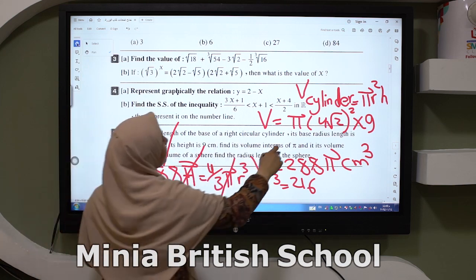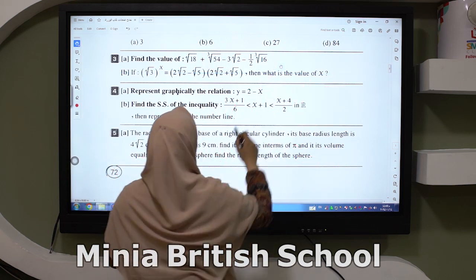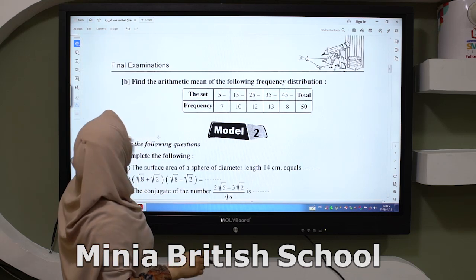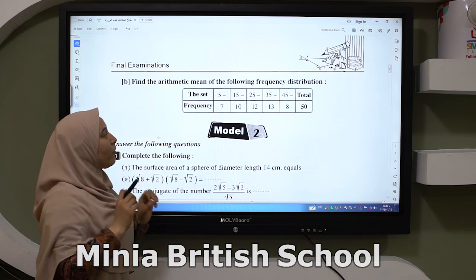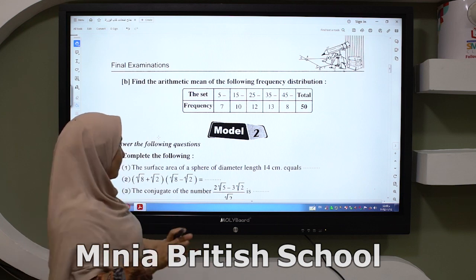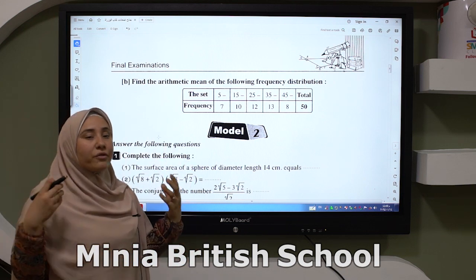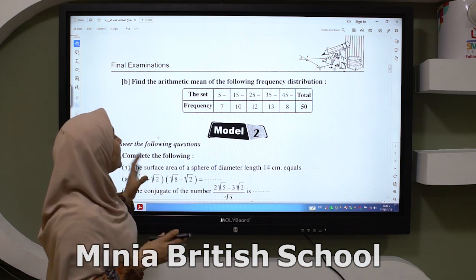The last question. Find the arithmetic mean of the following frequency distribution. Here you have the frequency distribution in a set.